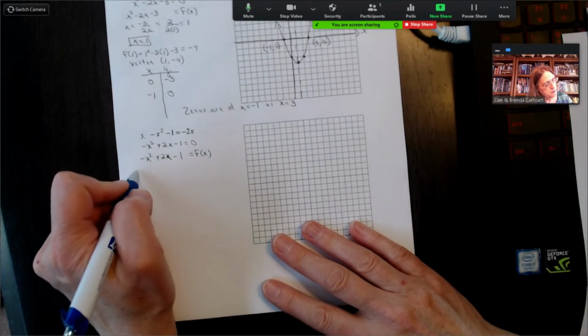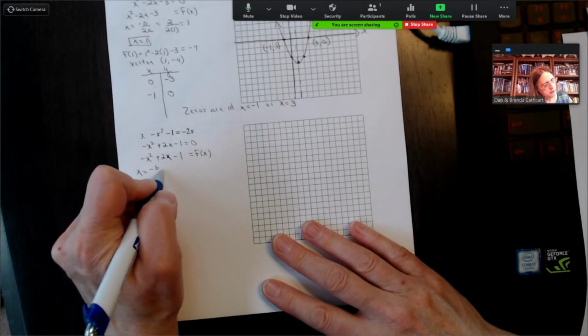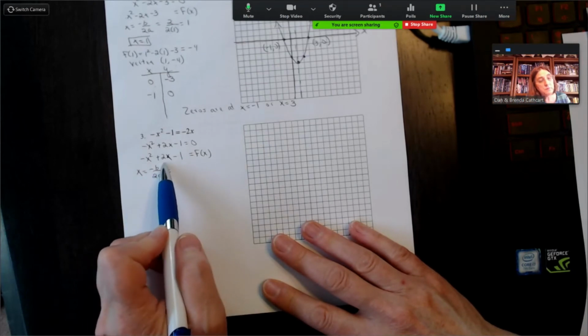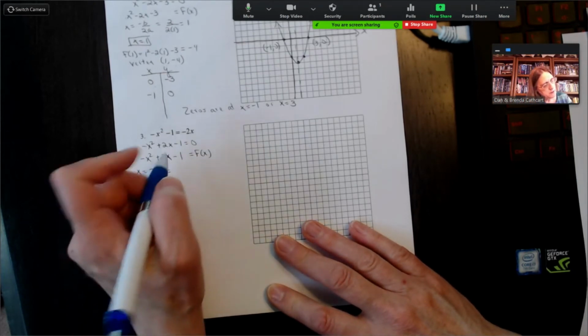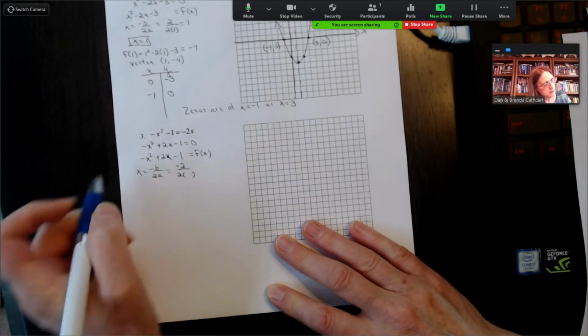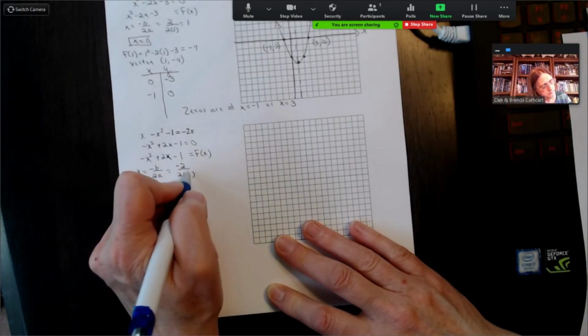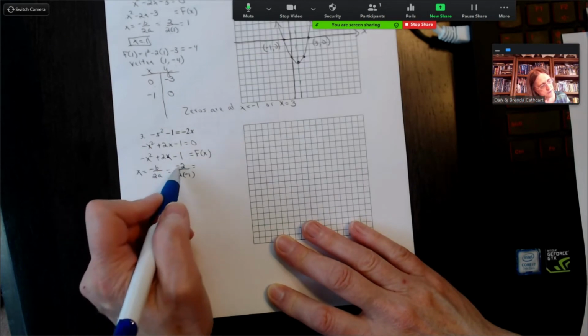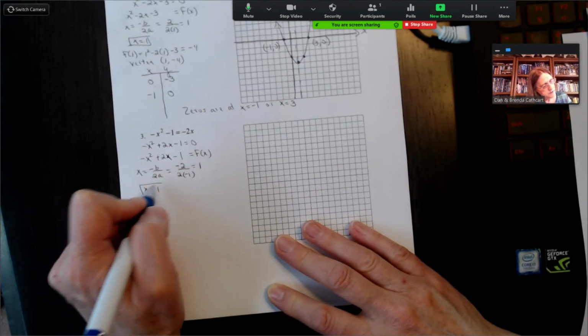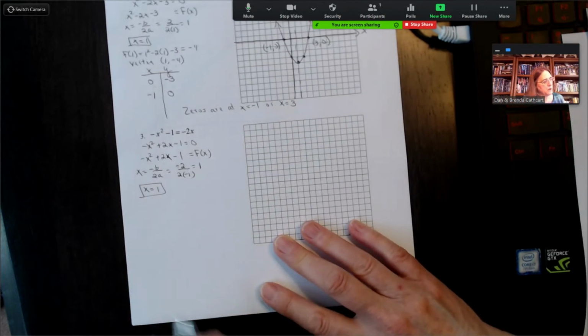Our line of symmetry is x equals negative b over 2a. The opposite of b is negative 2, over 2 times our a, which is negative 1. So we have negative 2 divided by negative 2, which is 1. So our line of symmetry, again, is x equals 1.